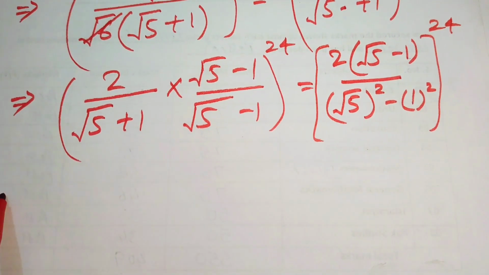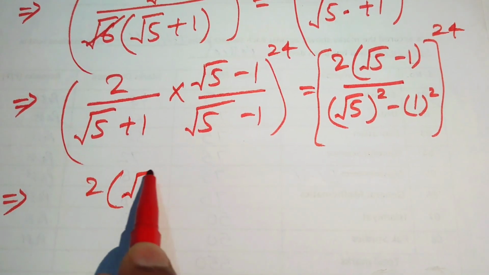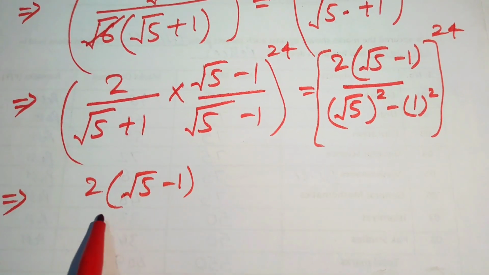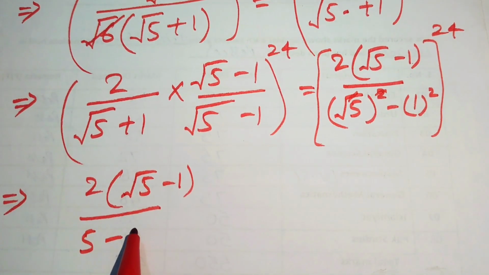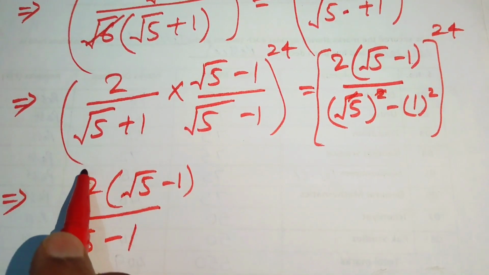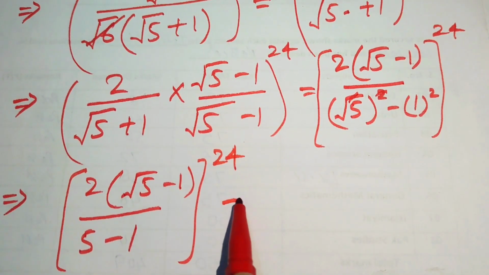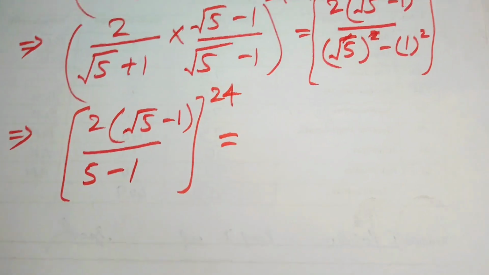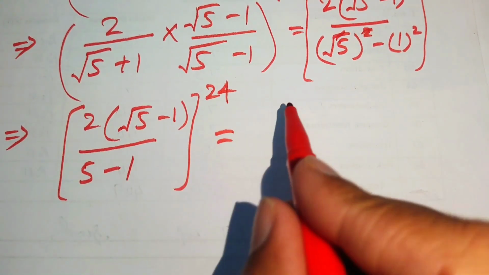So here we need more simplifications, and we write it as 2 into square root of 5 minus 1, and here the square and square root are gone, and we get 5 minus 1 because the square of 1 becomes 1, and its whole power is 24. And now we know that 5 minus 1 becomes 4.